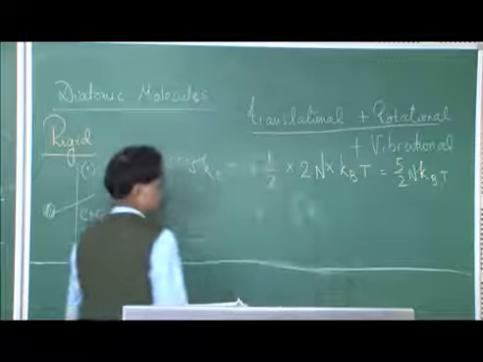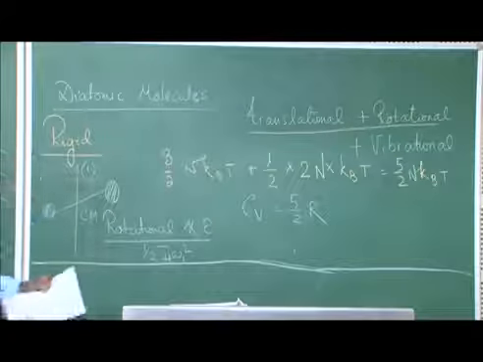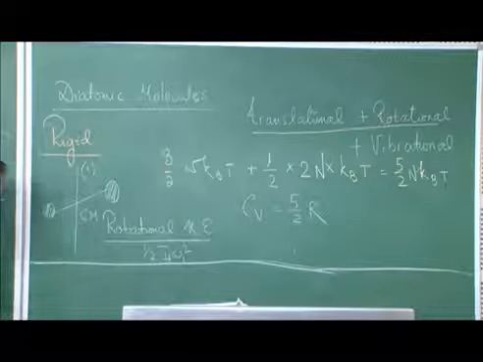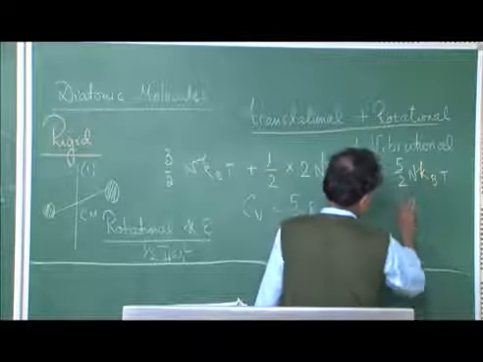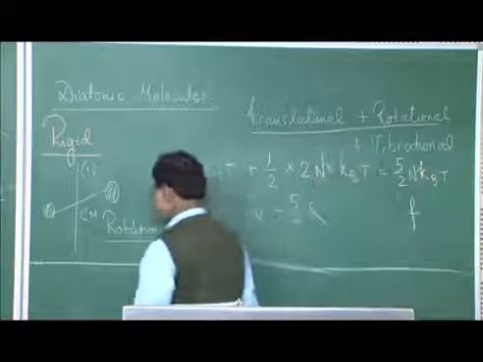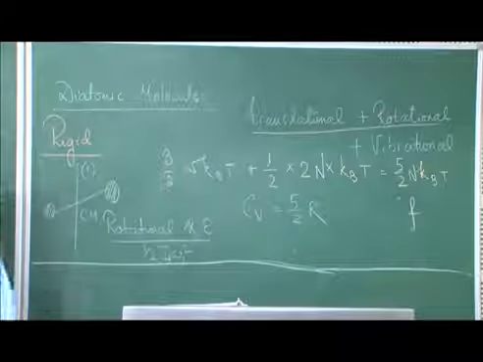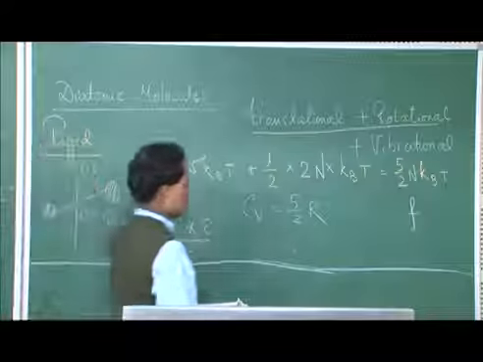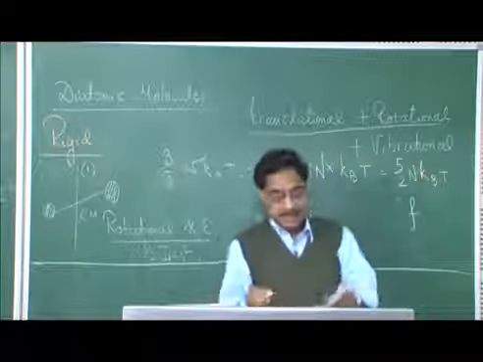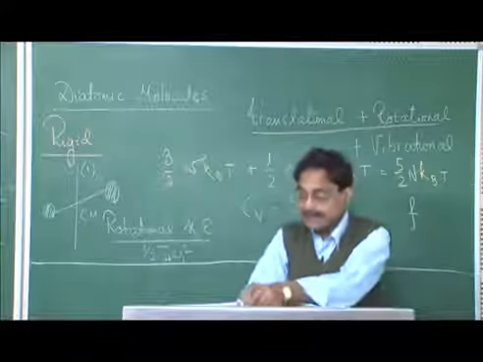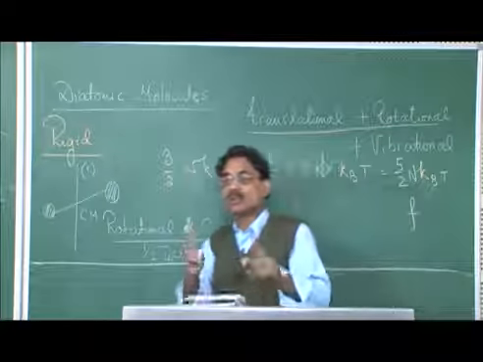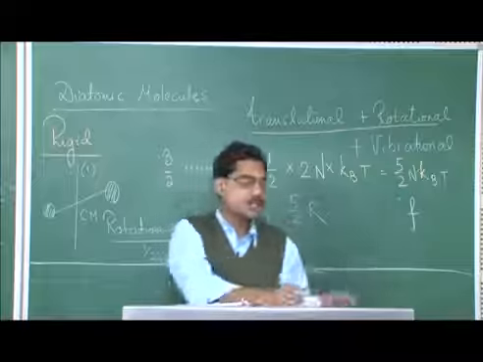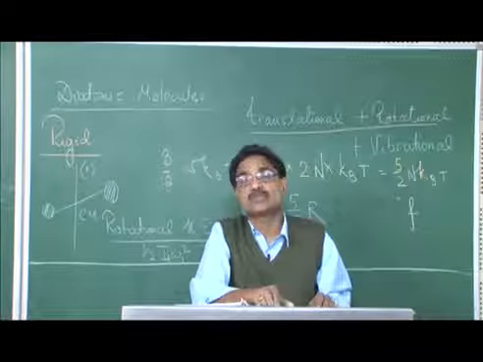But that is not all. There could be vibrational modes. Now, this vibrational mode I wrote as f in the last class, but one has to be careful. I said f by 2. f by 2 you can add, but one has to be careful here. Why should it be careful? A vibrational mode corresponds to a situation like a simple harmonic oscillator.